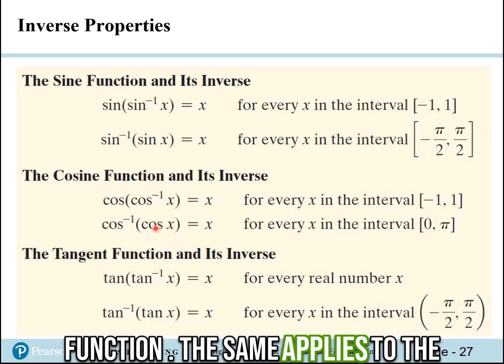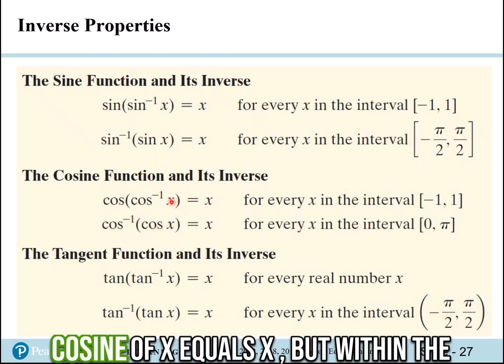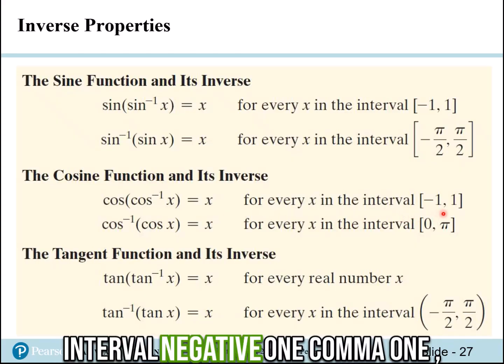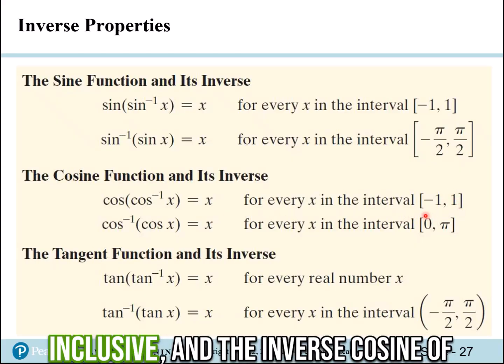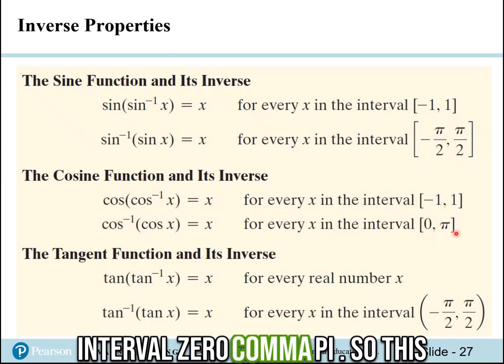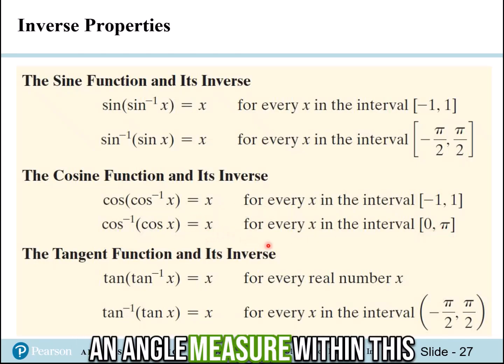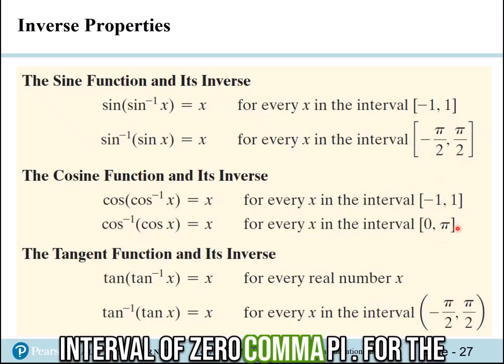The same applies to the cosine function. Cos of inverse cosine of x equals x, but within the interval -1, 1 inclusive, and the inverse cosine of cos of x equals x for x in the interval 0, π. So this value x would be an angle measure within this interval of 0, π.